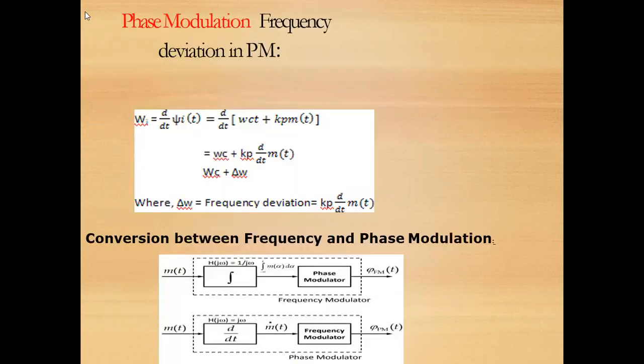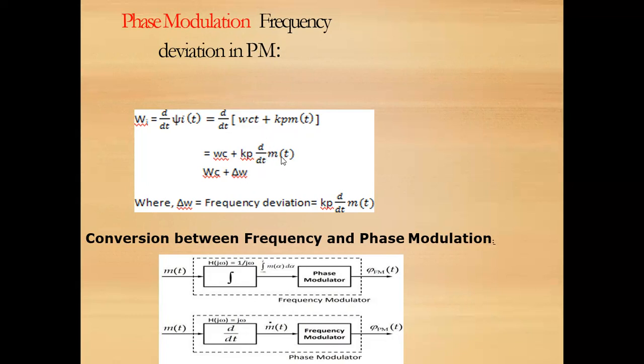Then coming to the deviation in PM, we can represent it like this: omega i equals the derivative of psi i of t, that is d by dt of omega ct plus kp of m of t. Here omega c stays as it is, since the derivative of t is 1, plus kp into d by dt of m of t.